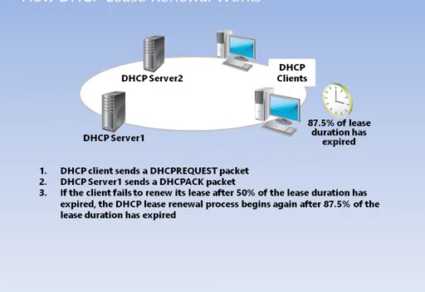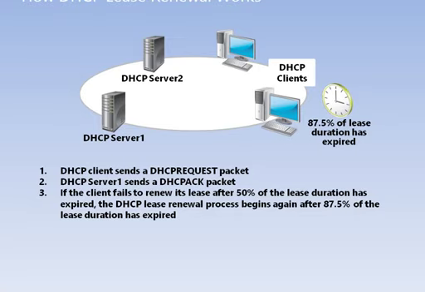After that time, the client needs to contact the DHCP server for renewal. If the client machine fails to renew its lease after 50% of the lease duration has expired, the DHCP lease renewal process begins again after 87.5% of the lease duration has expired.